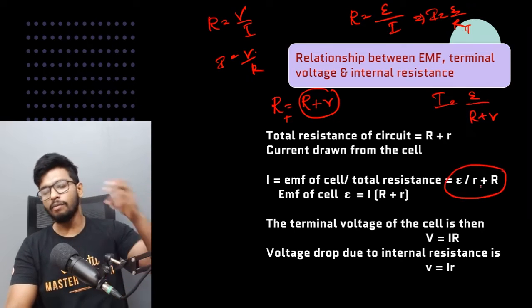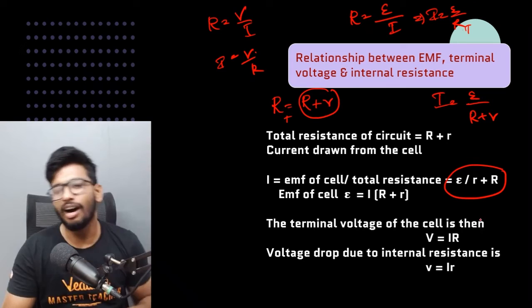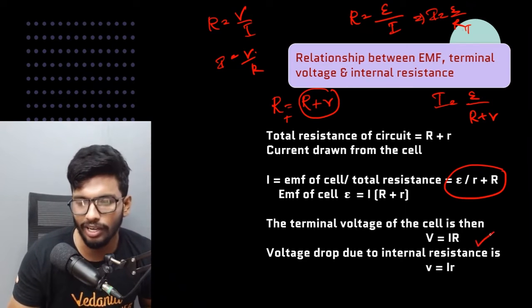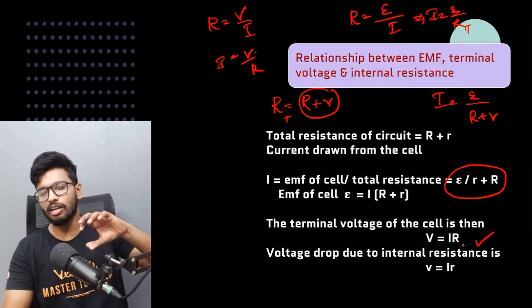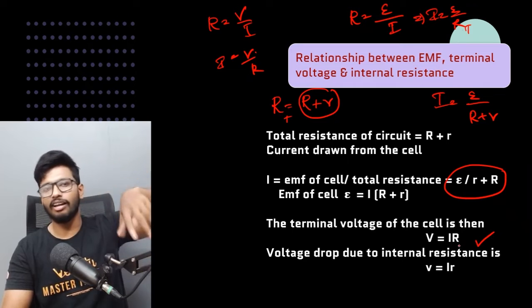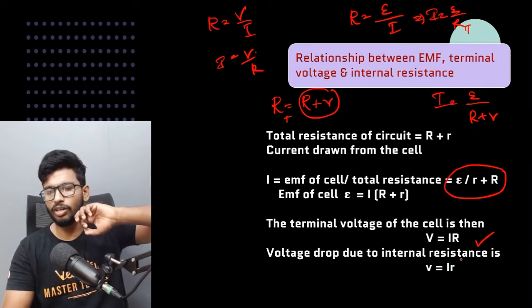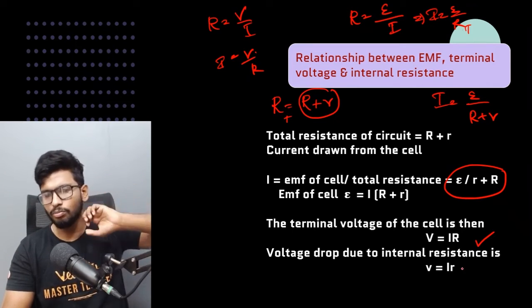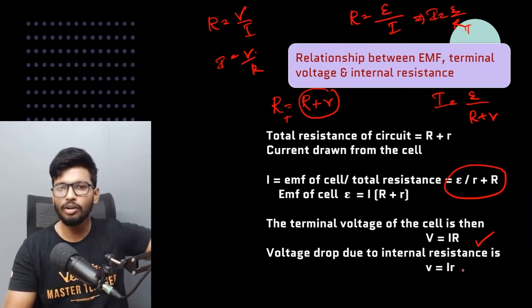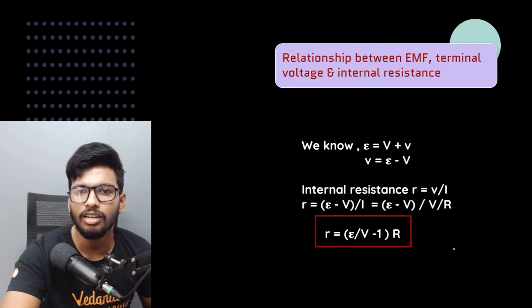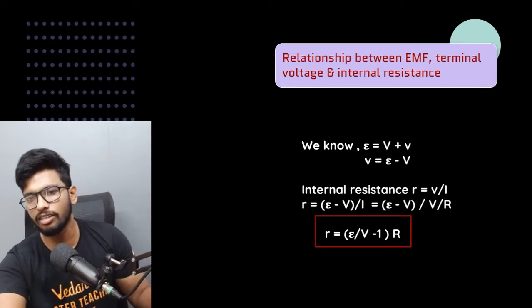All right. Now here, people, once again, we are going to use our terms. We know that terminal voltage is V equal to I into R, which is the external resistor R and the external current I, and V is the external voltage. Small v is the internal voltage, which is equal to the current flowing through it into the internal resistance, that is, I into r.